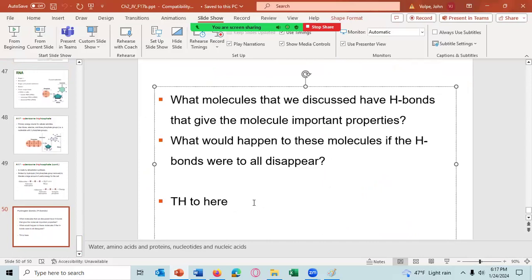Would have no way of forming or holding shape. Yeah, the double strand DNA, if you lose all the hydrogen bonds, you'll have single strand DNA. The protein will likely denature, probably 100%, because there's a lot of hydrogen bonds in a protein.